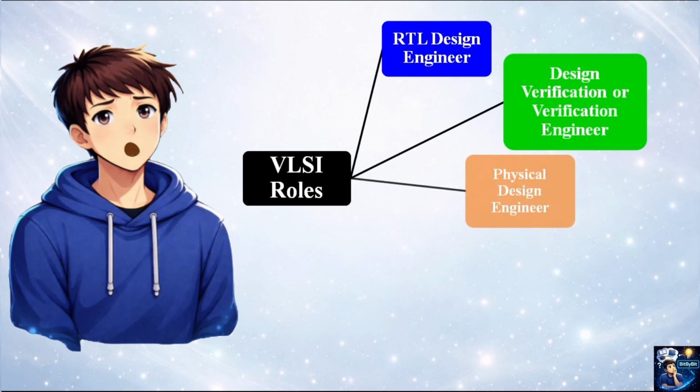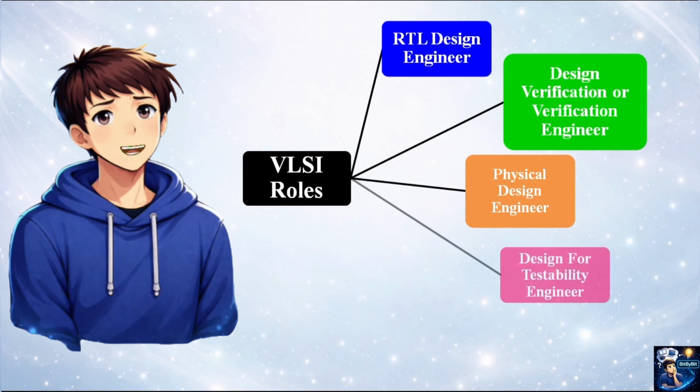Third subdomain is physical design. After verification, the design is converted into a physical silicon layout. This stage focuses on placement, routing, timing, power, and area optimization. Physical design answers the question, how do we build this chip on silicon while meeting performance and power goals? Fourth subdomain is design for testability.